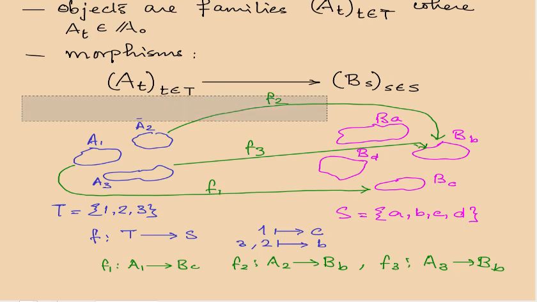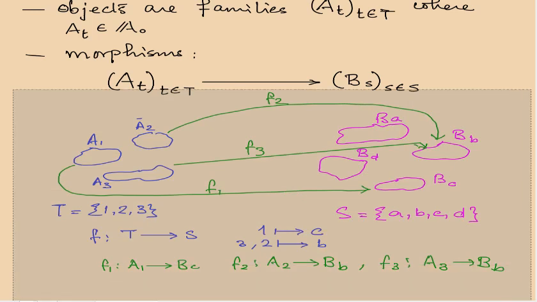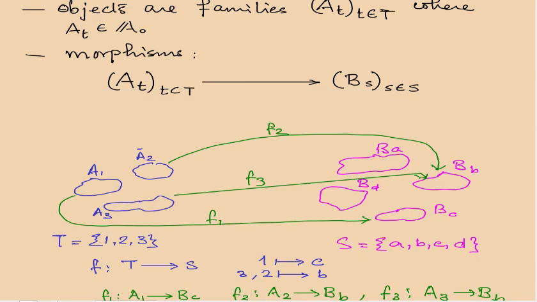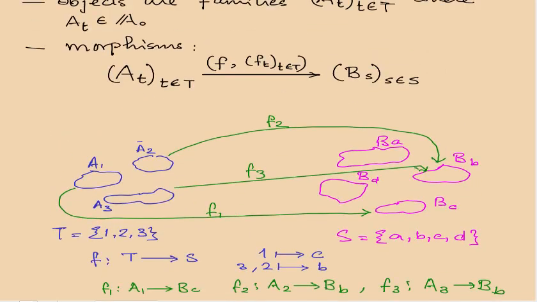So in other words, this is my study. In general, a morphism would be given by f and a family f_t. Formalizing this picture, let me draw it here.